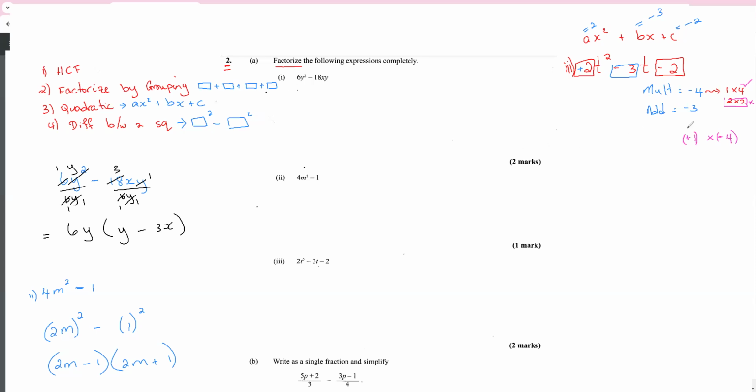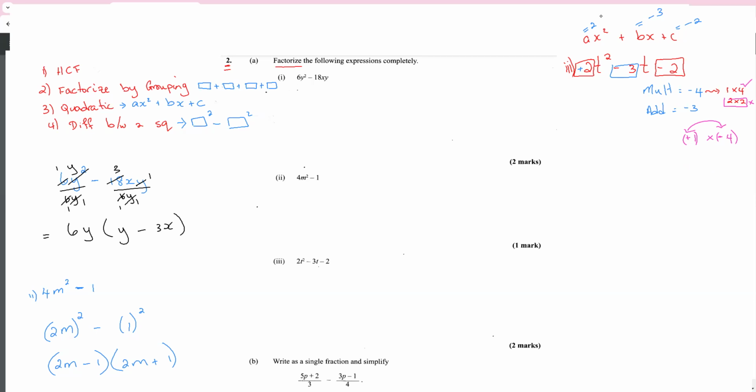When I multiply the 2 of them, we get -4. And when I add them, I have +1, add -4. These 2 are different signs back to back, so we replace it with a minus sign. So 1 minus 4, subtract, keep the sign of the bigger, we get -3. So we know that our answers will be -4 and +1.